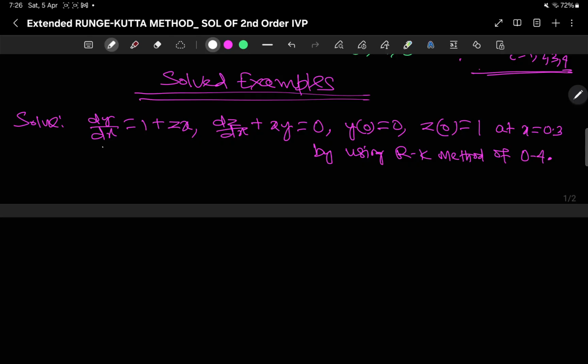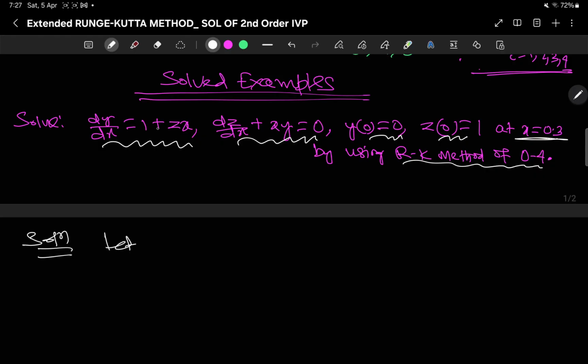Now you are asked to solve the simultaneous equations with the initial conditions at x is equal to 0.3 by using the RK method of order 4. The same can also be solved by the extended Euler method. Now coming to the solution, let this be f of x, y, z, and bringing this to that side it will be g.